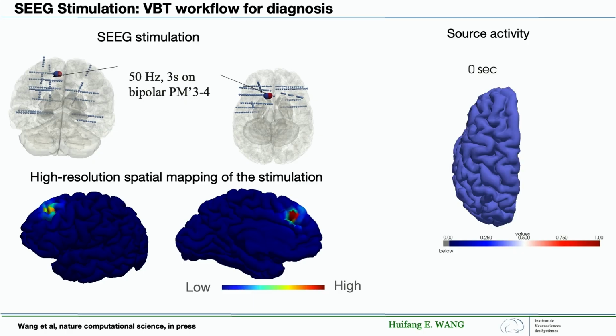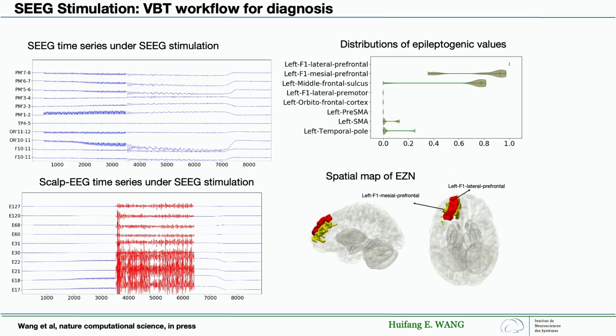I just gave one example for this patient, and we have the stimulation here. We have the electrode here, and this is how the source activity looks. You can see it's a stimulation, and this is brain activity. Then we map it back to SEEG and EEG, and we do the model inversion. We got the EZ network here.